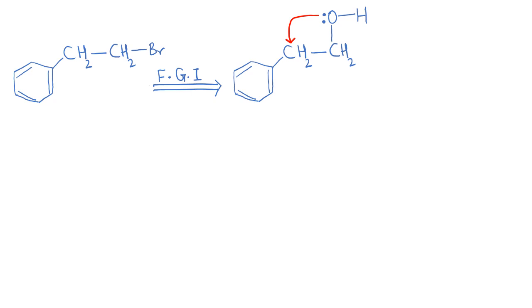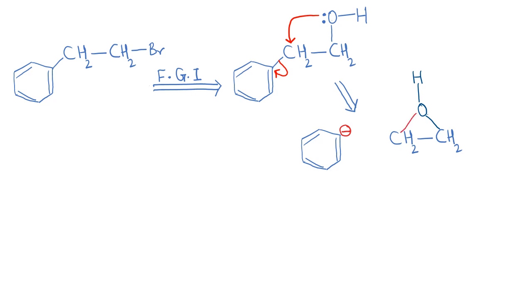When you make one, you break one. What you are going to get is aromatic ring with a minus charge and a three-membered cyclic compound where two members are carbon and one is oxygen. Because oxygen has given the electrons to carbon, so this oxygen will have the positive charge.